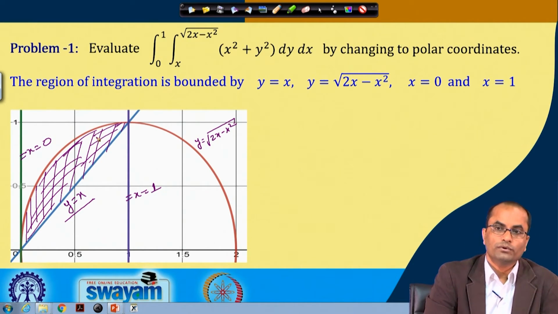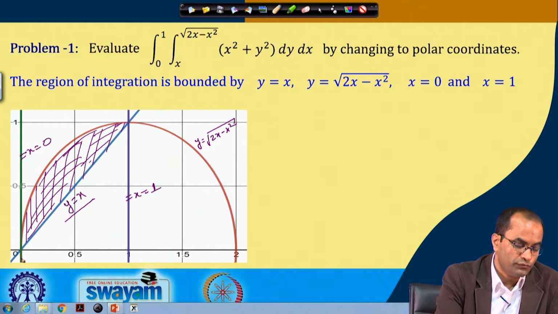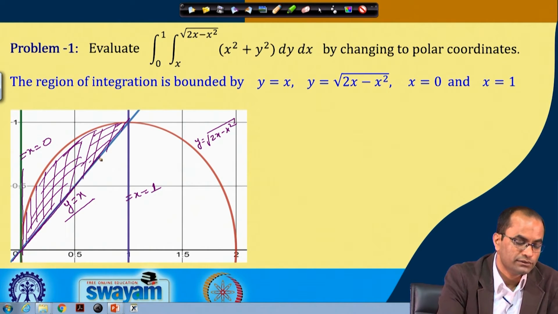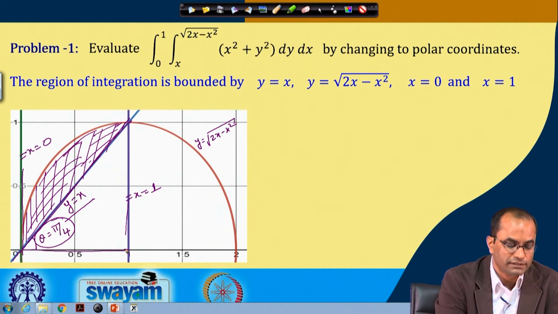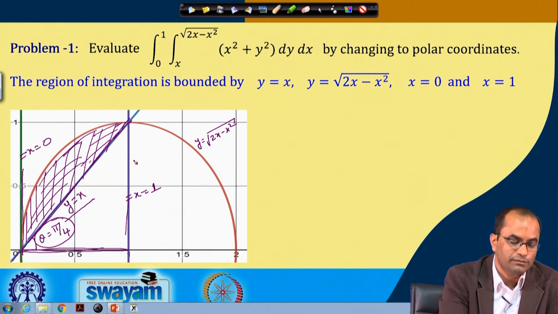So, again for the polar coordinate, for the limits of theta, we go from this line, and now we are going to this one. So, here it is x is equal to y line. So, in terms of theta, it is pi by 4. So, tan theta is 1, because if this is 1 and this is also the same 1, tan theta will be 1 by 1.